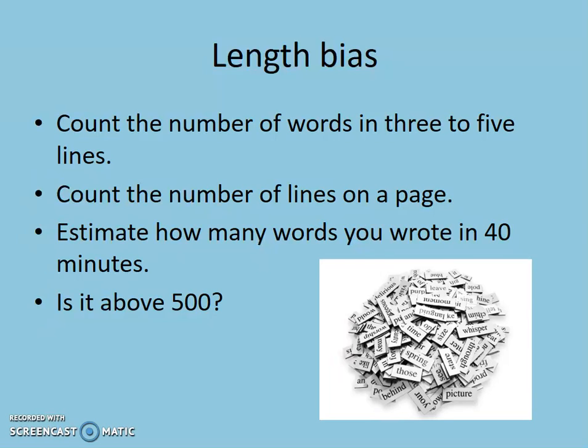Now count the number of lines that you get on the page. So perhaps you get 30 lines to a page. So, 30 times 8 is 240 front and back. That is a little bit less than 500 words if you're consistent. So you should be shooting for at least 500 words, and that's a quick and easy thing that you could do for next time around.